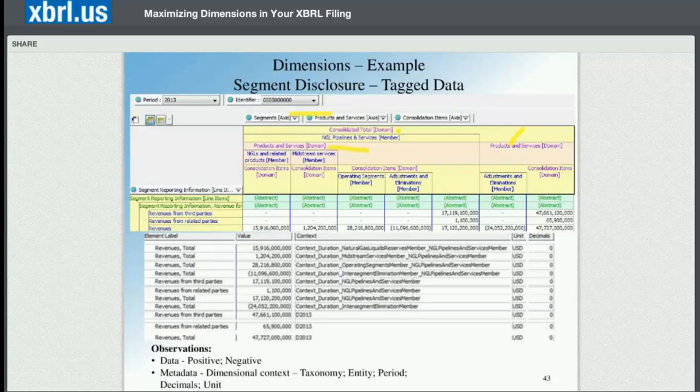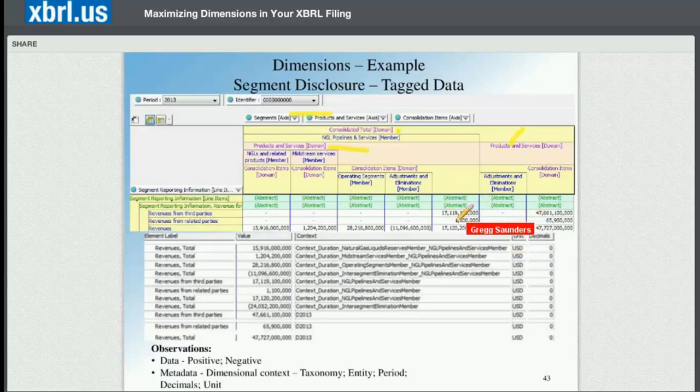So notice that only the 28216 gets the operating segments member, only the 11096 gets the adjustments member. Also, why are eliminations negative? Eliminations are always negative to the concept to which they relate. So if my revenues are positive credit, then my eliminations have to be a negative credit or debit. That's why it's a negative input.